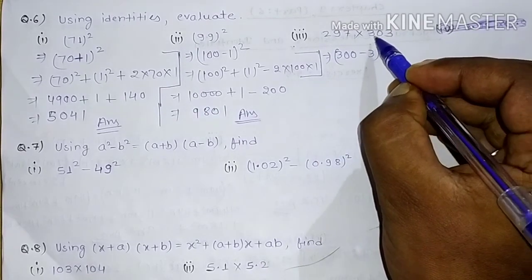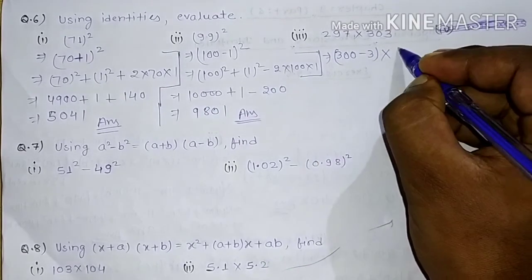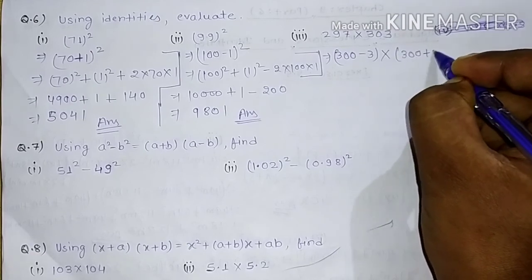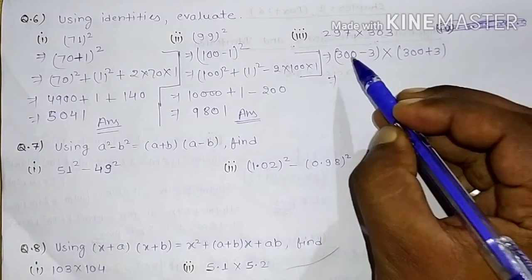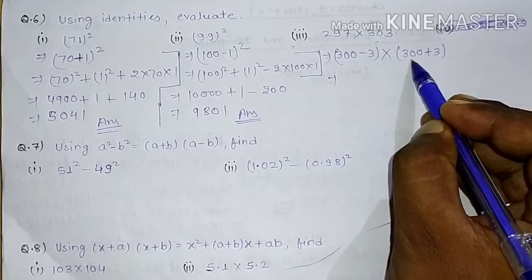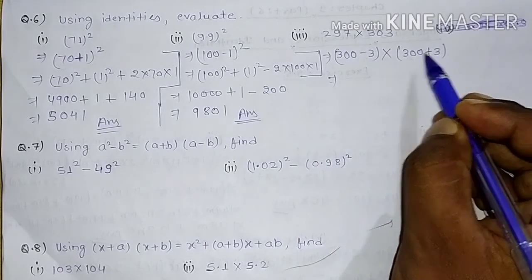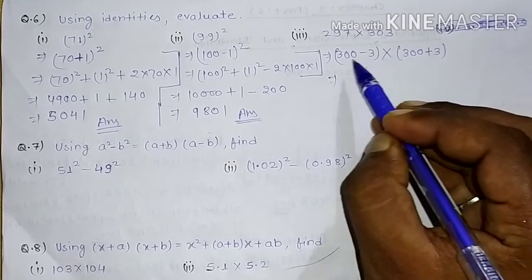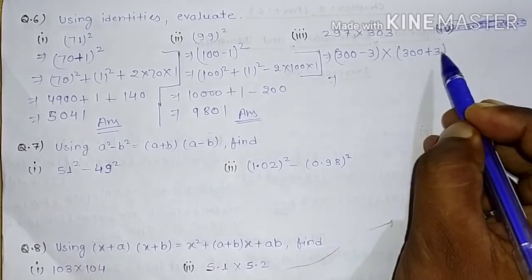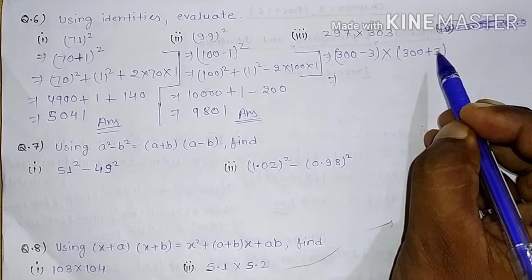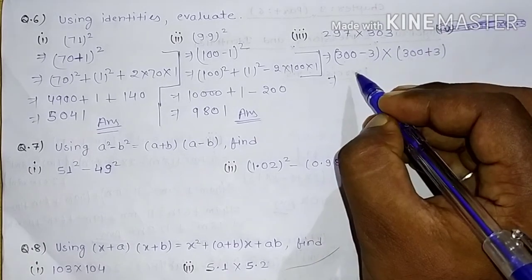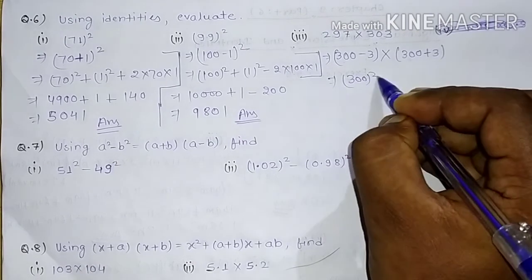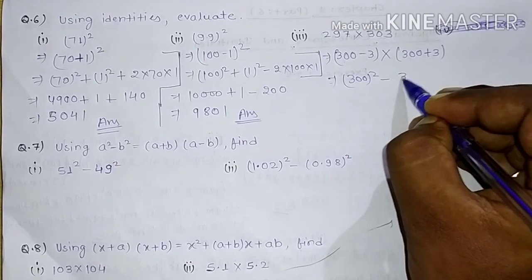At the place of 303, we can write 300 plus 3. So this expression is in the form of A minus B and A plus B. The formula will be A square minus B square. So here we can write A square, that is 300 whole square, minus B square, that is 3 whole square.